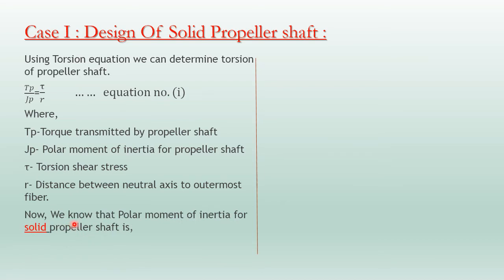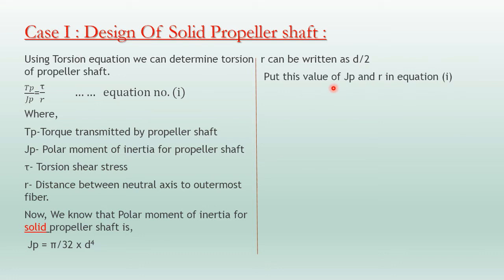So now we know that the polar moment of inertia for solid propeller shaft is Jp equal to pi by 32 into d raised to 4. This is the polar moment of inertia for solid propeller shaft, and the radius can be written as half of diameter, that is d by 2.